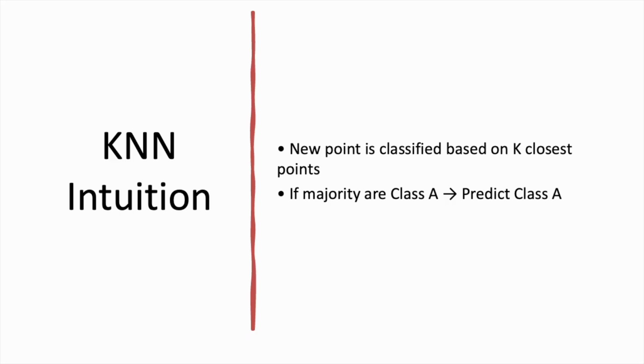For example, if you choose k equal to 3, then you check the three closest points. अगर उनमें से दो या तीन ब्लू हैं तो predict blue, अगर रेड ज्यादा है तो predict red. It is like asking your closest friends for advice. Majority wins every time. And that's how KNN classifies new data points, simple yet effective.